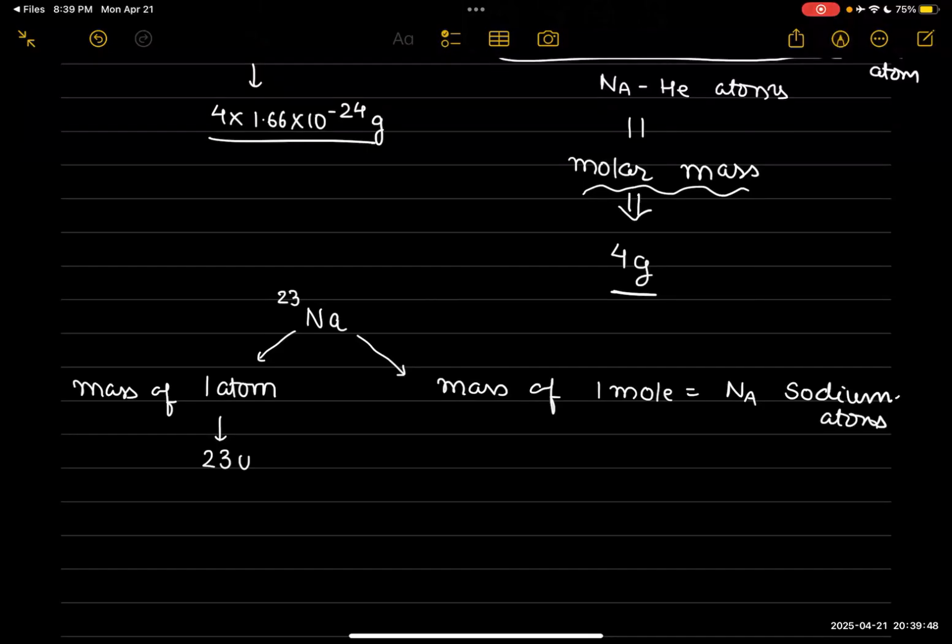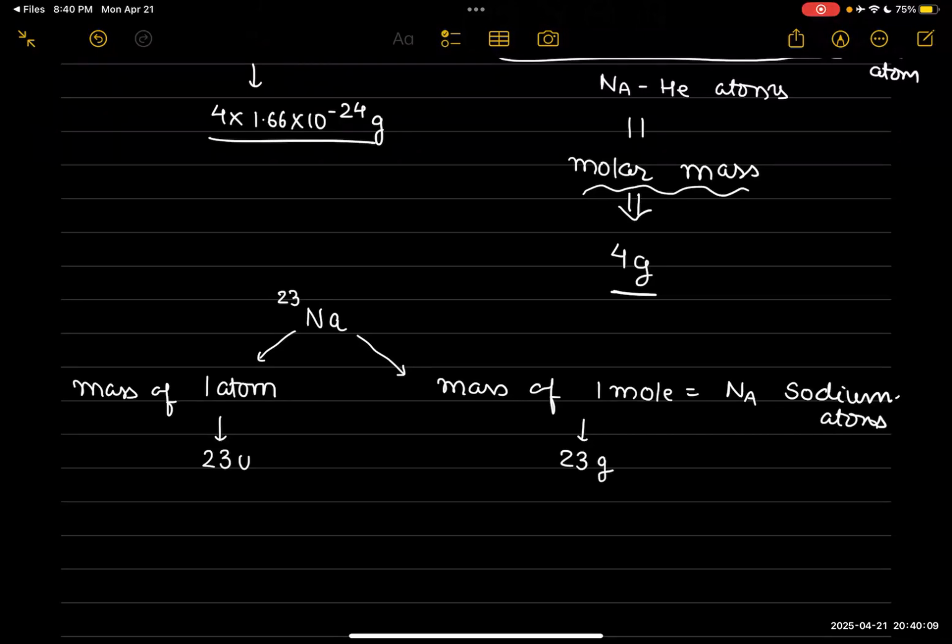Mass of Na sodium atoms, it will be 23 into 0.6, grams. Just write it like this. The figure remains the same, 23.